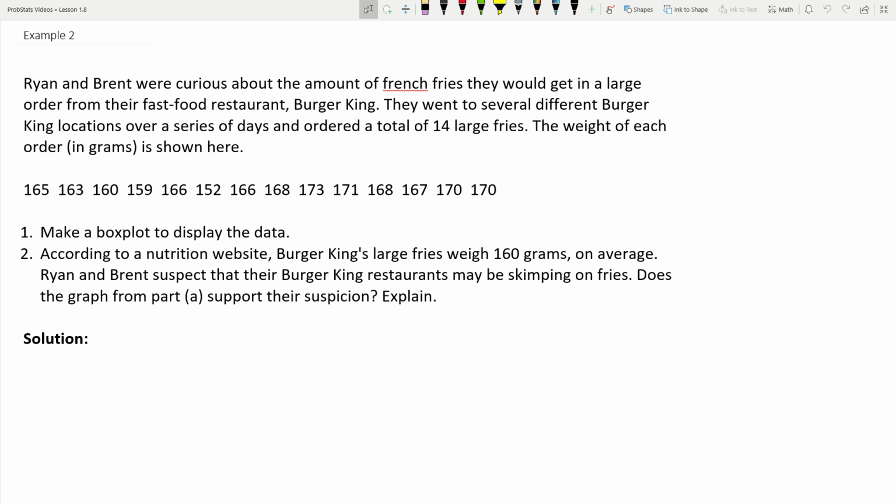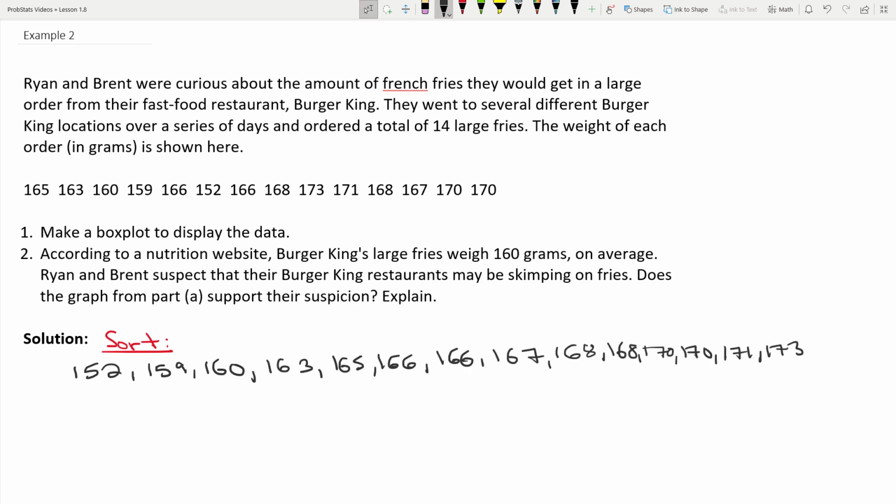All right, so first off, we want to make a box plot. In order to do that, we need to sort the data, put it in order. If we sort the data, we have 152, 159, 160. All right, so we put it in order.